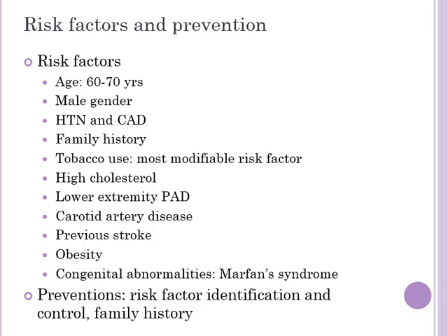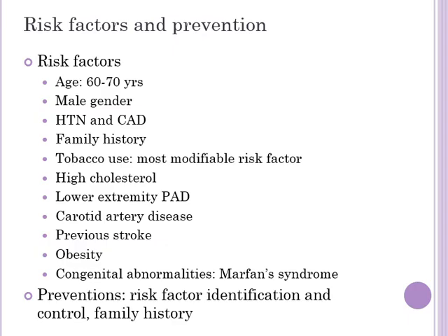So if you have a family history of aneurysms, you do need to be screened for that. If they use tobacco, according to your book, that's the most modifiable risk factor. I can't change my age. I can't change my gender. I can't control my hypertension and decrease any other CAD risk factors, but certainly tobacco is easy to do.